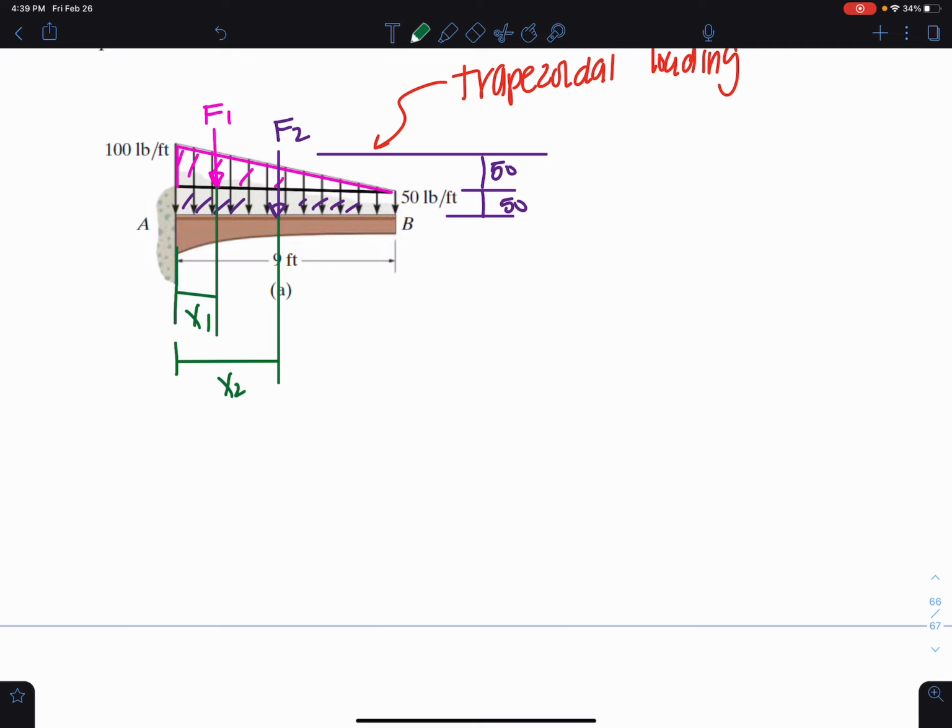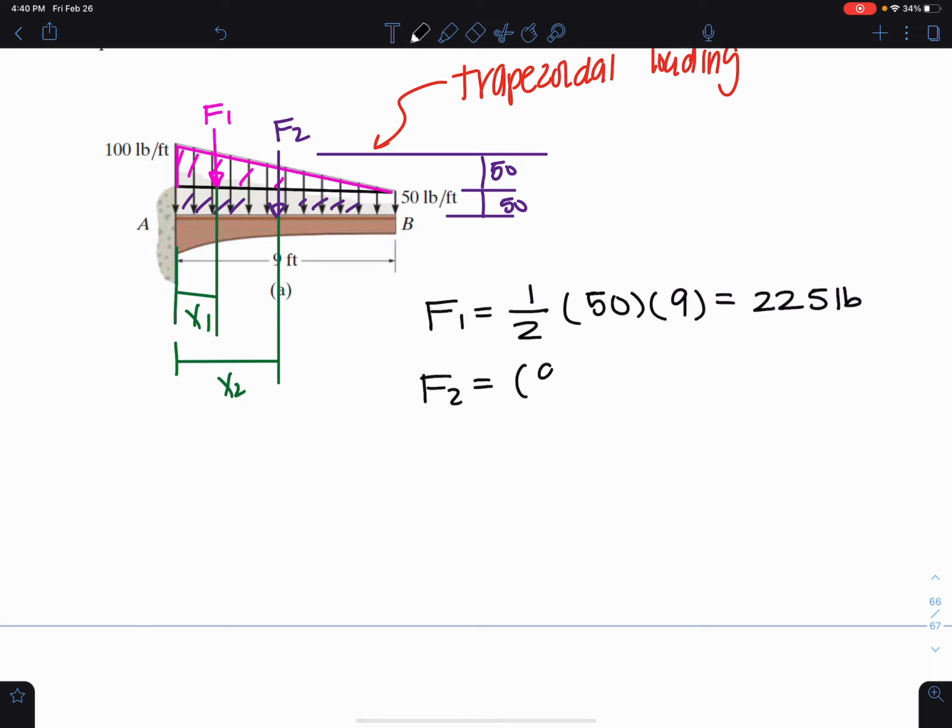My F1, whenever I have a triangular distributed load or any distributed load, is just the area under the curve. Well, what's the area of a triangle? 1/2 times the height, which is 50, times the length, which is 9. So that resultant is 225. Now what's the area of a rectangle to get F2? It's just the base, 9, times the height of 50, which is 450 pounds.